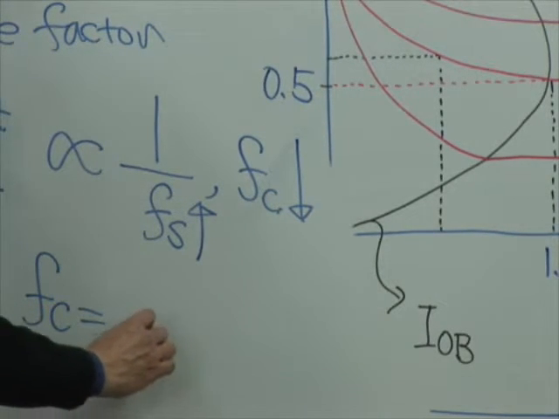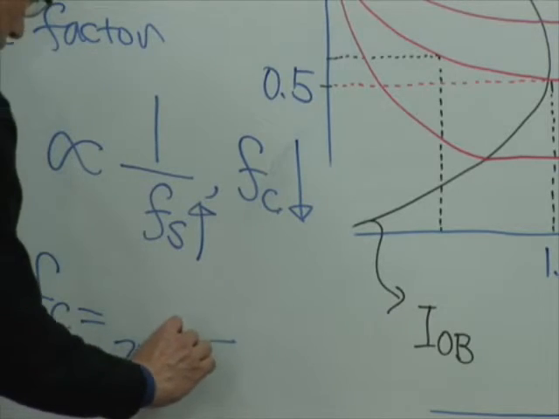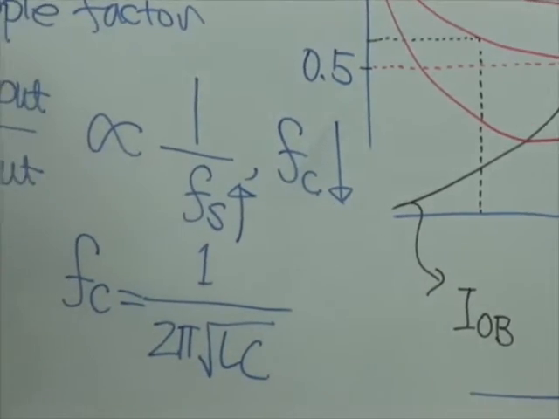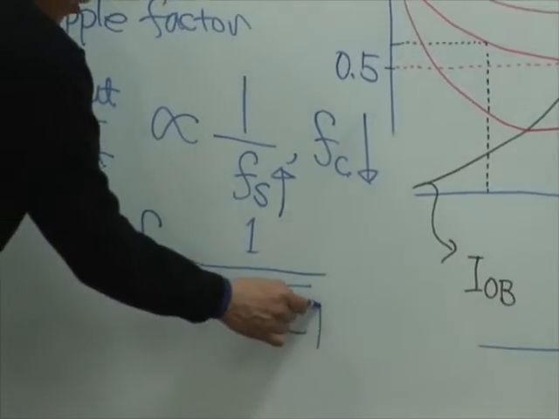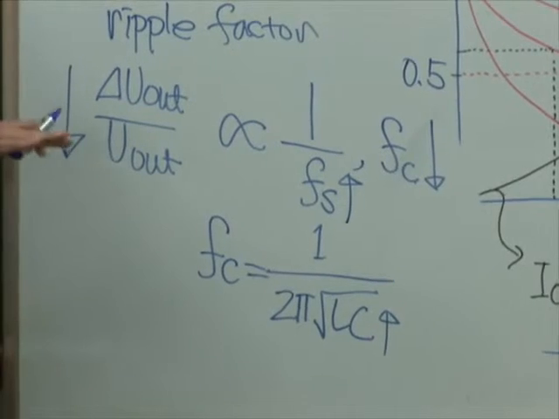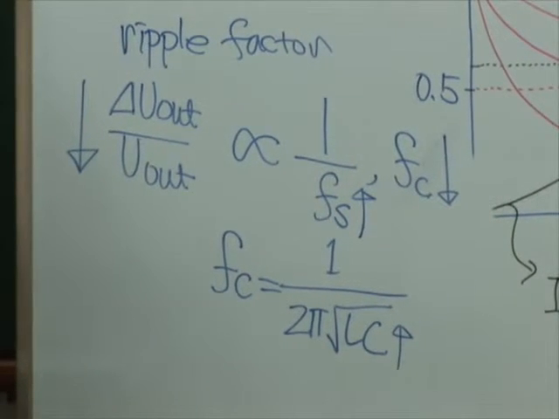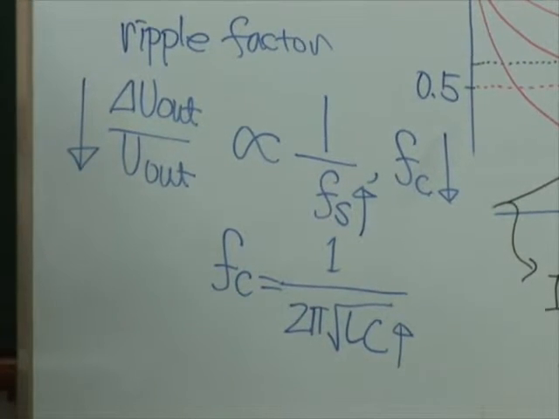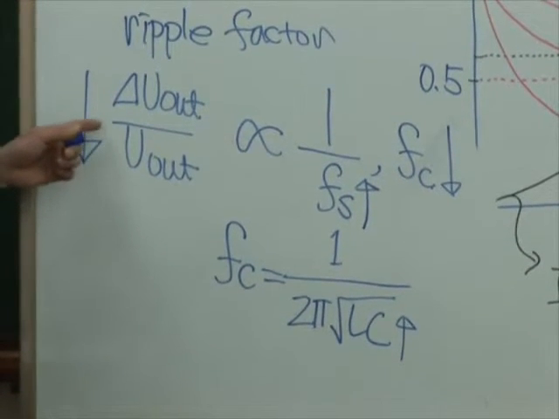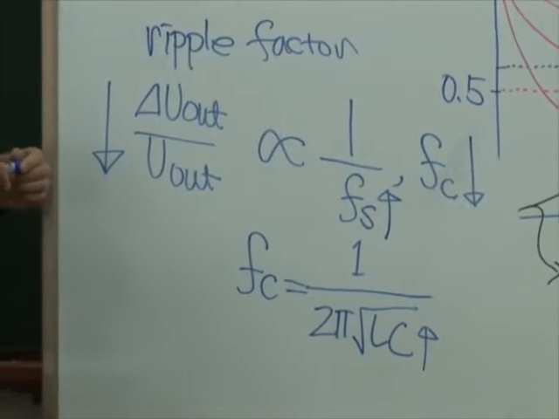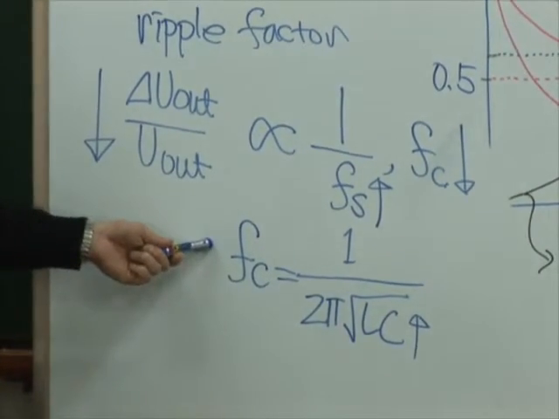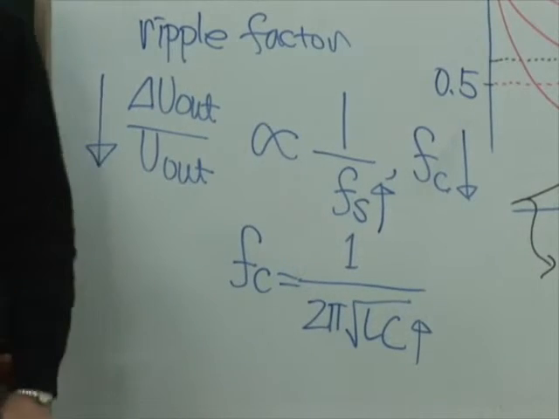It is 1 over 2 pi square root of LC. If I increase the capacitance, I decrease the cutoff frequency, so I attenuate more harmonics, and then I get less ripple.